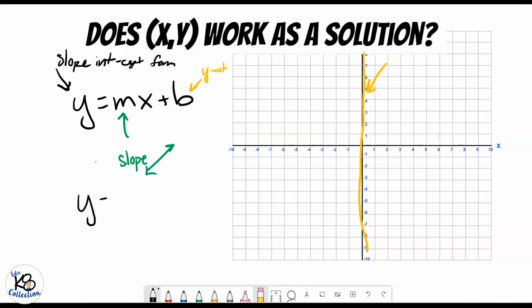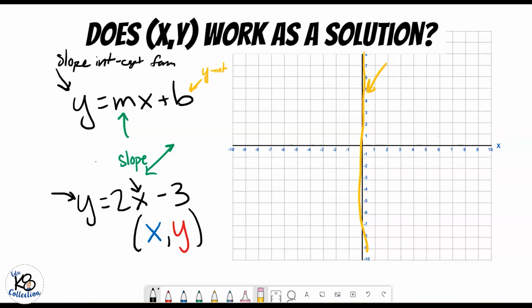Sometimes you're given it, let's use this example, y equals 2x minus 3. Notice that the m and the b are replaced with actual numbers, but the x and the y variables stay. That's because this x and y is the same x and y that's in a coordinate point. We don't have an actual number for them because there are multiple that could work in this equation.